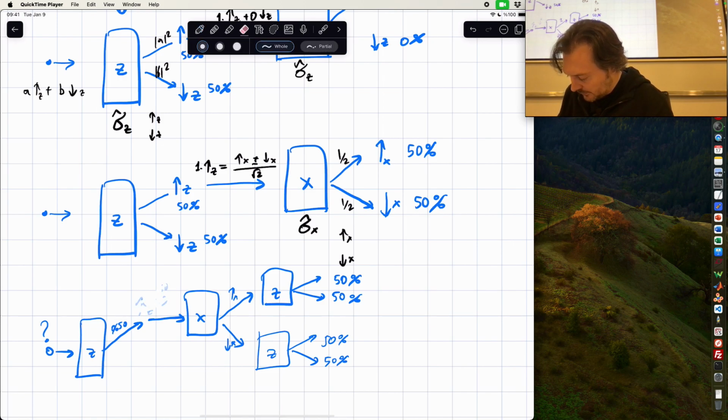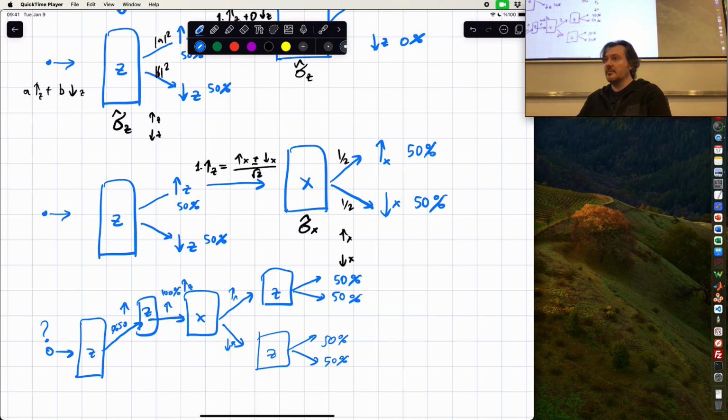Okay, if we want, we can put another z here, and it's 100% up z, okay? And 0% down. We know that it's up. Over here, we have the knowledge of up z, but we lose that knowledge once we measure x. Okay? But if we don't measure anything, we will have that knowledge.